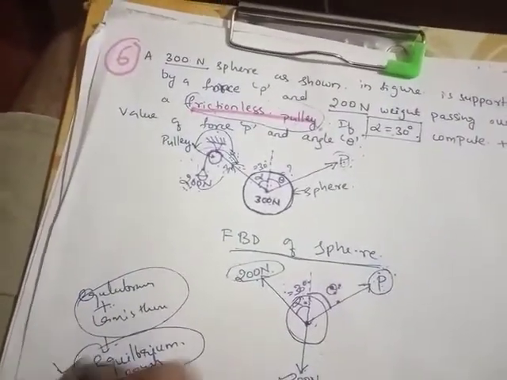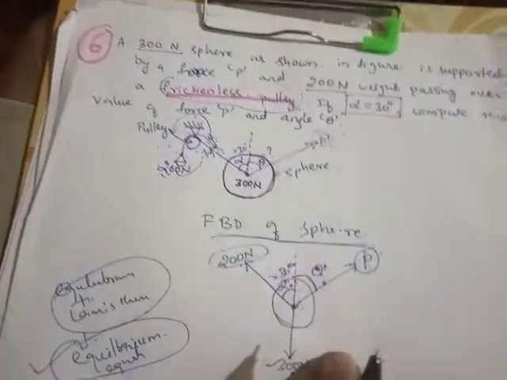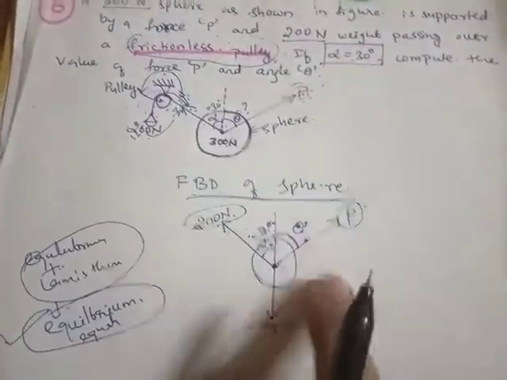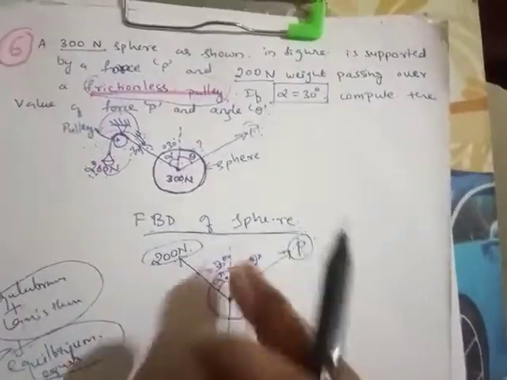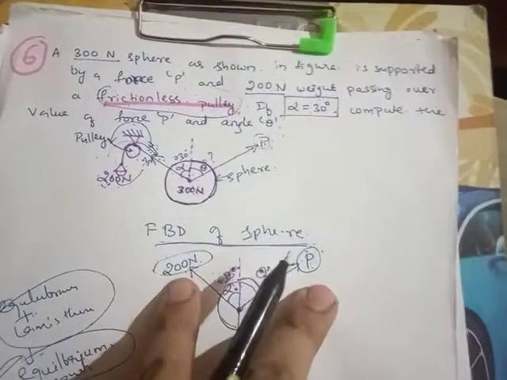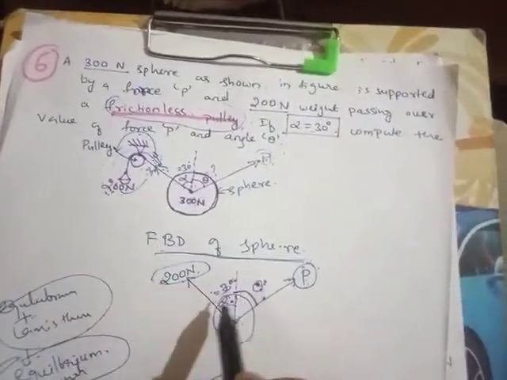For this question, the less time consuming is applying only the equilibrium equation. In the first instance we can't apply Lami's theorem, because we know the force 300 Newton, but we don't know the angle between any two forces.